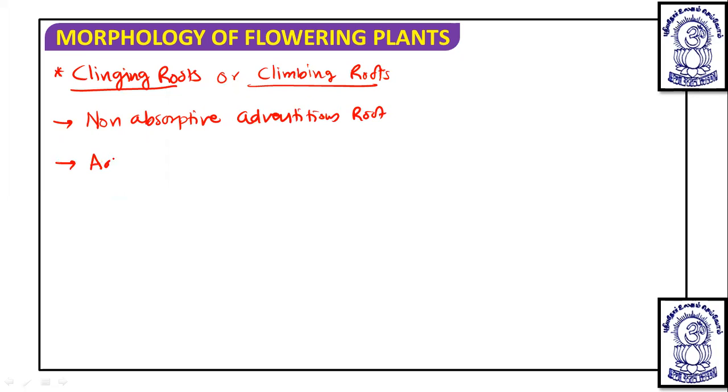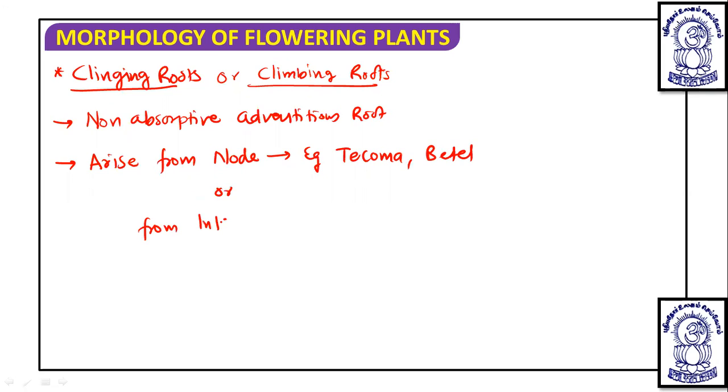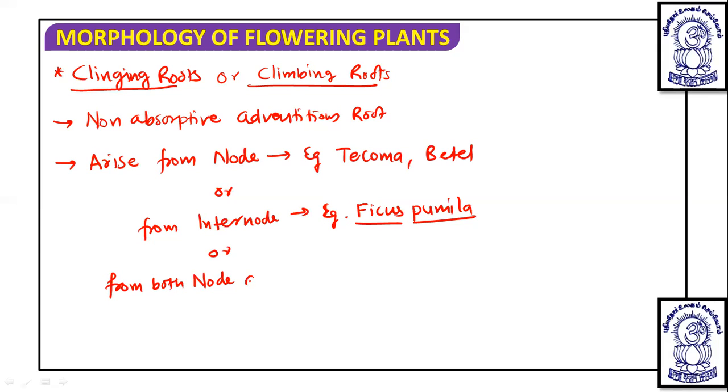that arise from the node, in the case of Tecoma and betel, or from the internode, as in the case of Ficus pumila, or from both node and internode.